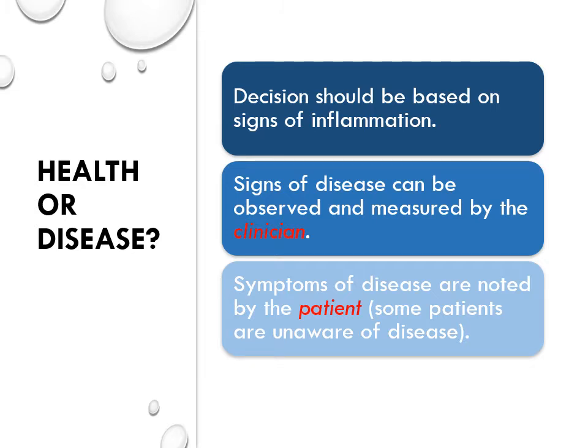So health or disease. The decision should be based on the signs of inflammation. Often in dental hygiene, we talk about the signs and symptoms, right? Well, signs of disease are observed and can be measured by the clinician. These are objective. We see changes in the color, contour, and consistency of the tissue.